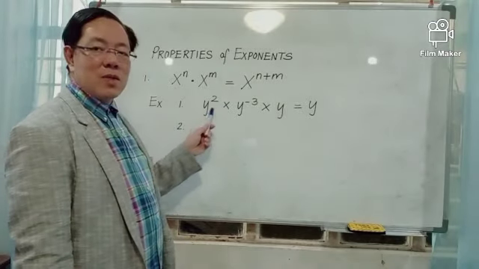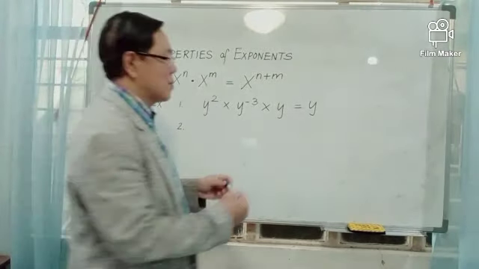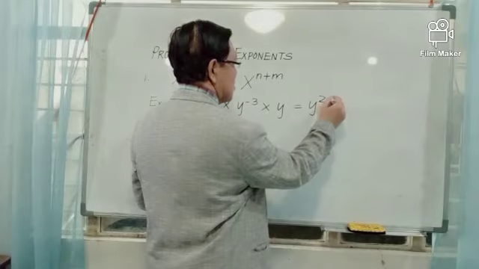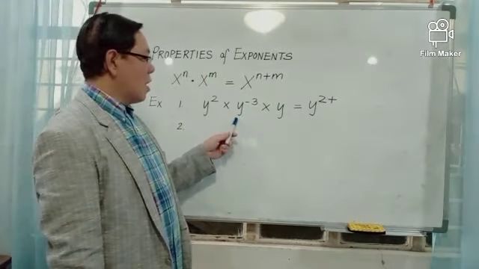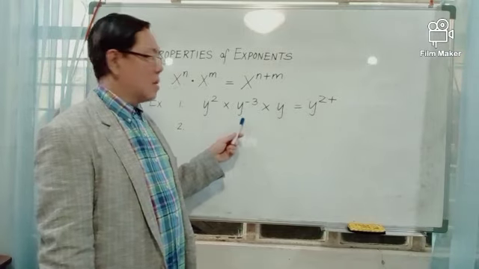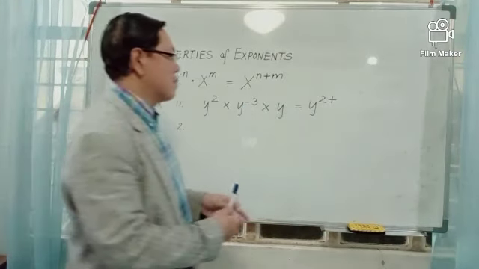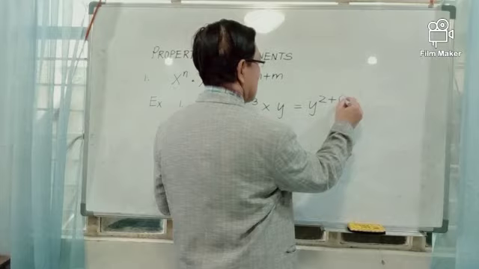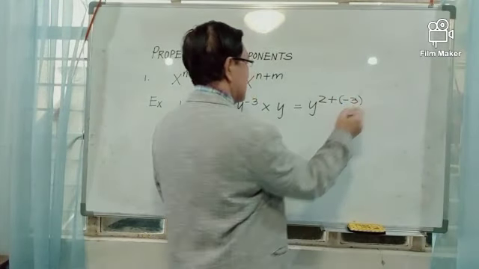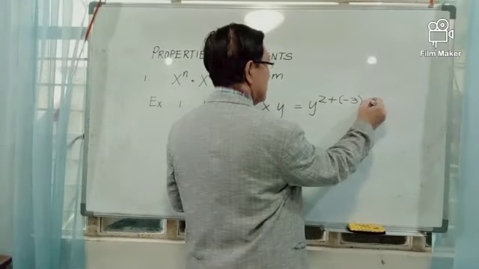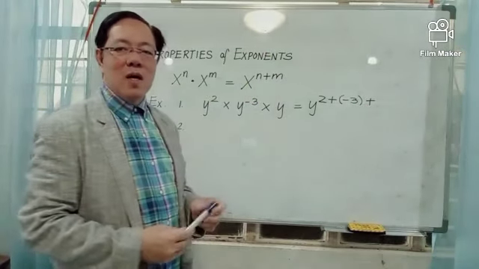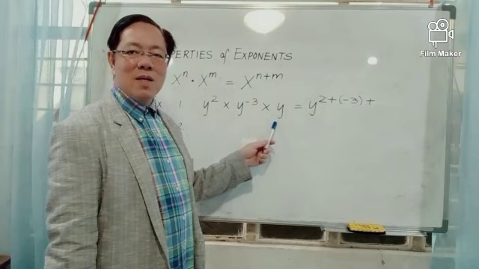In the first factor, the exponent of y is 2. And to 2, we add the exponent of the second factor, which is negative 3, plus negative 3. And to negative 3, we add the exponent of the third factor y.